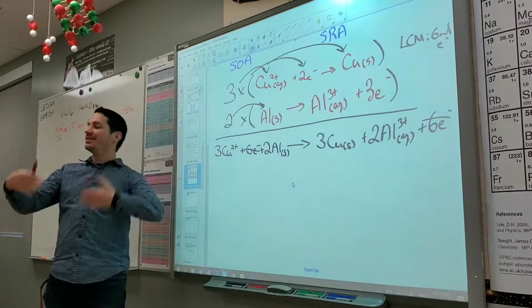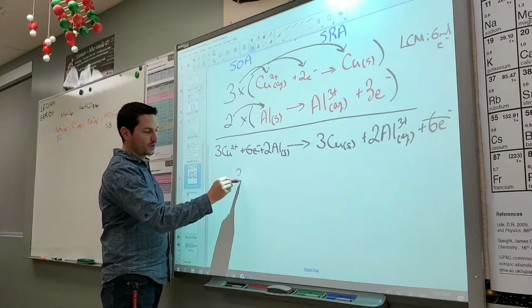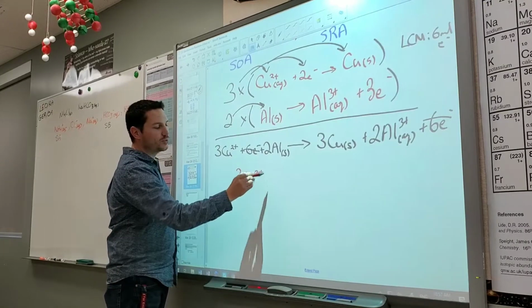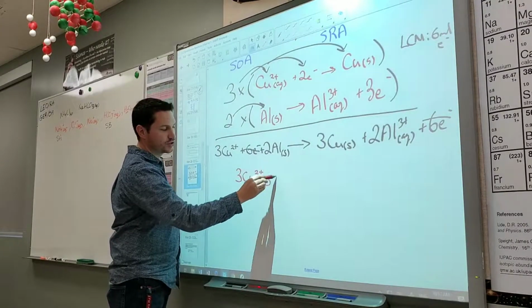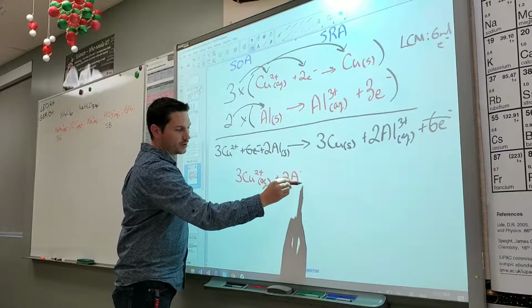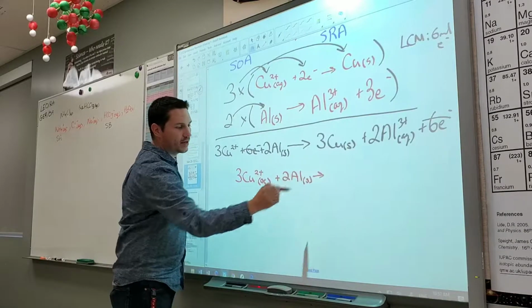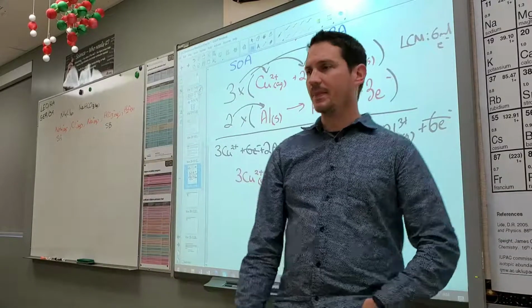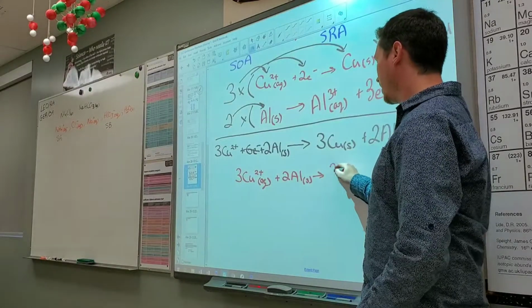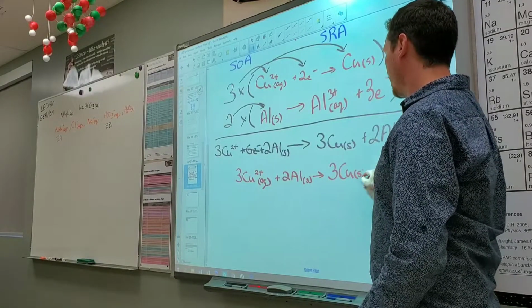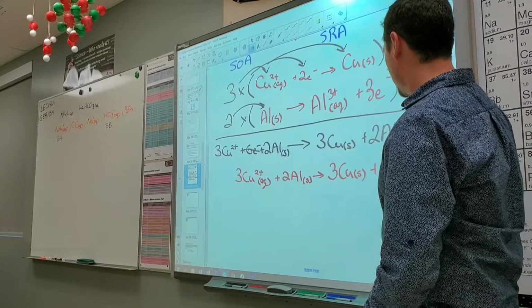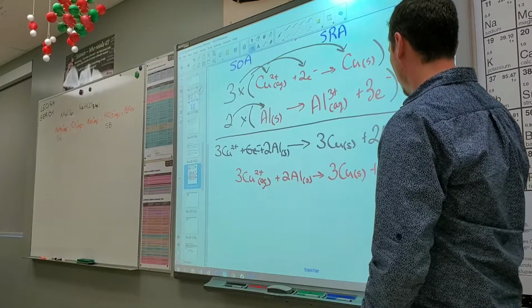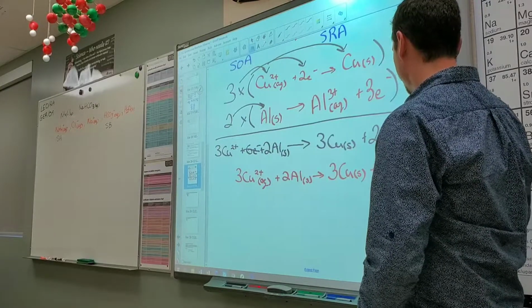Okay, let's write the net reaction now. 3 copper 2+ ions react with 2 aluminum metal atoms. And they're going to give us 3 copper metal atoms and 2 aluminum 3+ ions.